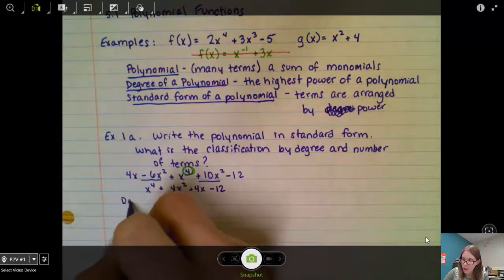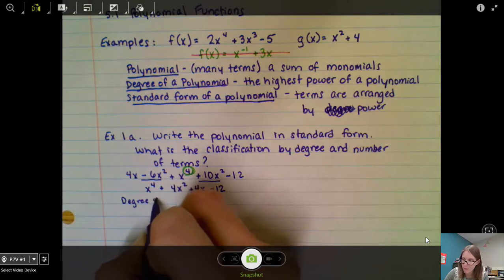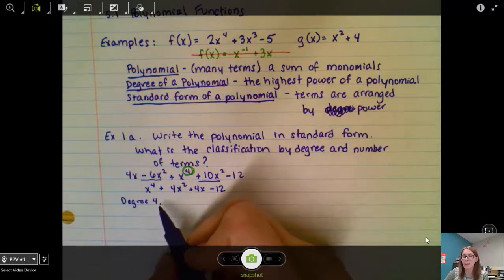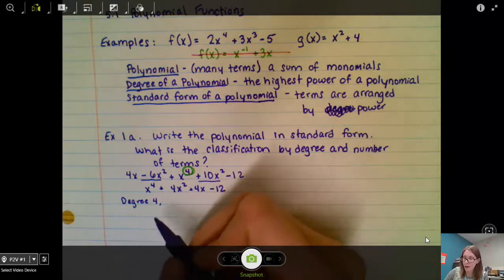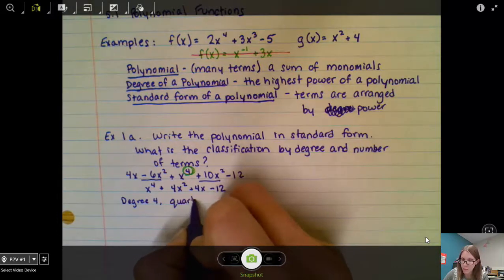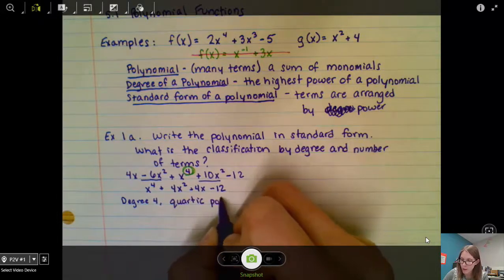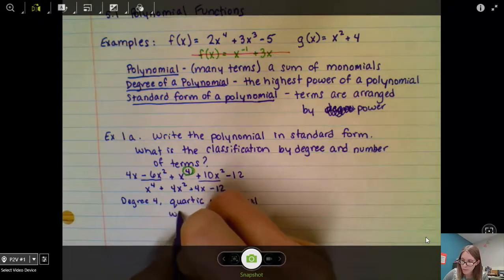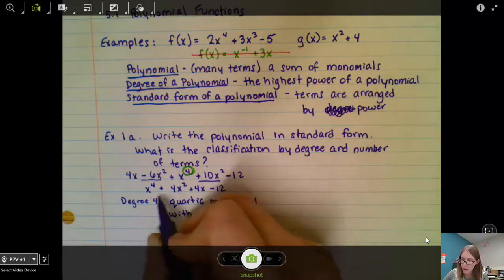And like we said, our degree was 4. We have a special name for some of these degrees. Okay, if our highest power is 4, we call it a quartic polynomial with 4 terms.